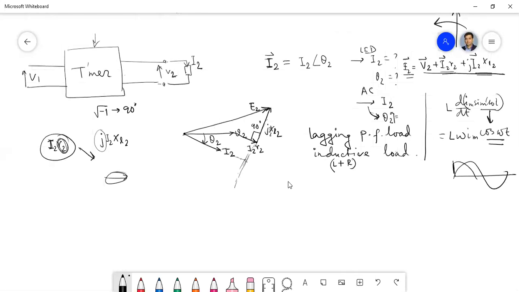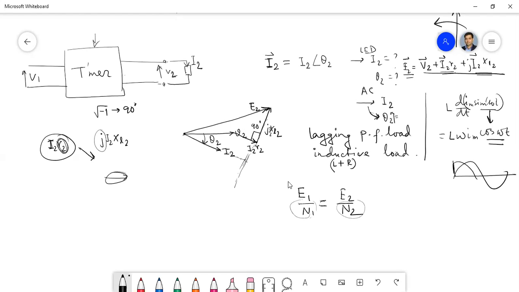Okay. So the next one is E1. If we know the phasor of E2, we can also know the phasor of E1, because E1 and E2 are in the same phase. Because E1 by N1 equals E2 by N2, and N1 and N2 are not vectors, they are simply numbers.